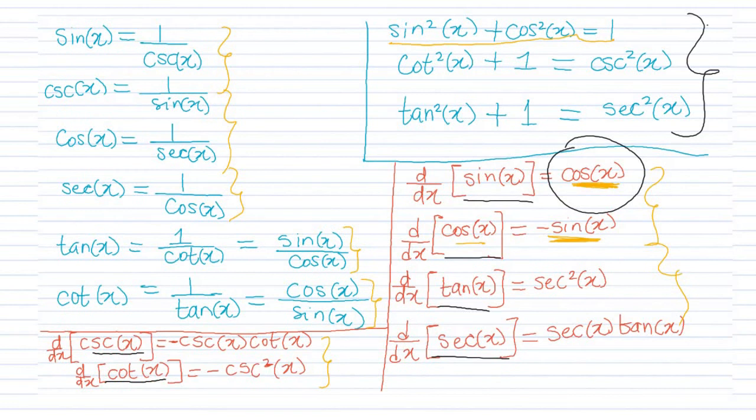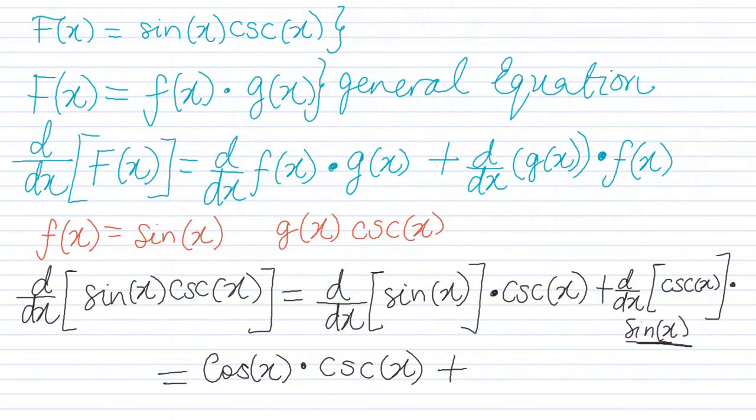And by the way, it's here at the bottom left of the page, that has a shaded underline. So we have plus negative cosecant x cotangent x, and that multiplied by sine x.